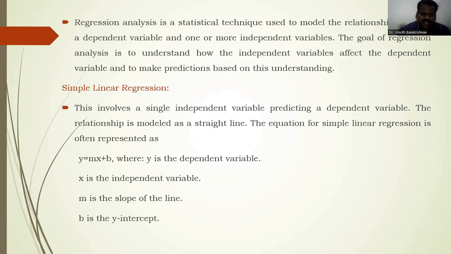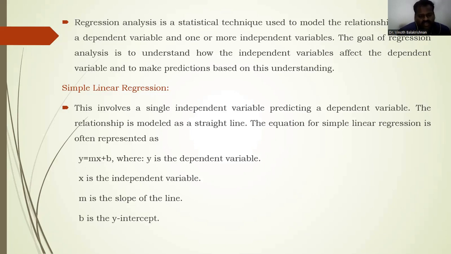First, we will discuss the simple linear regression model. I already told you what a simple linear model is. This model involves one independent variable and only one dependent variable. The independent variable is used to predict the dependent variable, and we can also find the relationship of this model, whether it is a straight line or nonlinear.